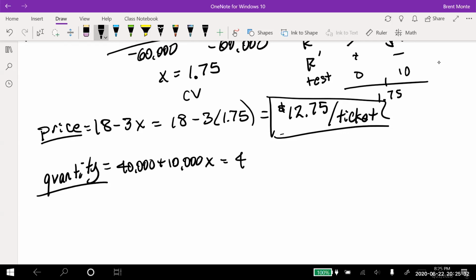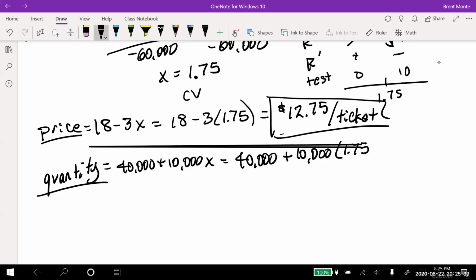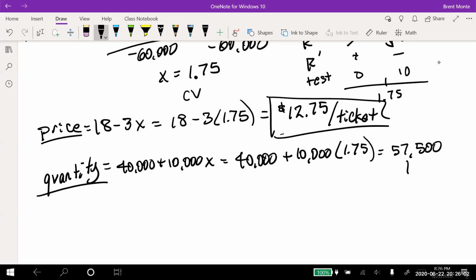So it's 40,000 plus 10,000 times 1.75, because that's what X was. I guess I just need to move that decimal, don't I? 57,500. That's how many tickets I'm going to sell.